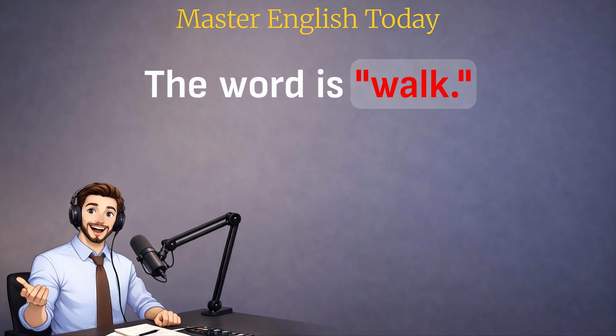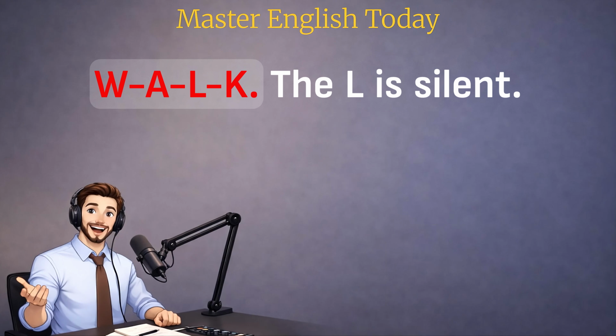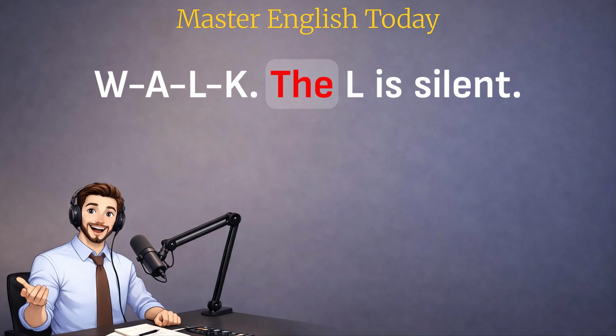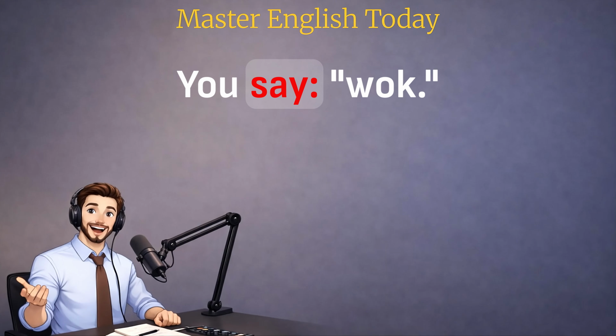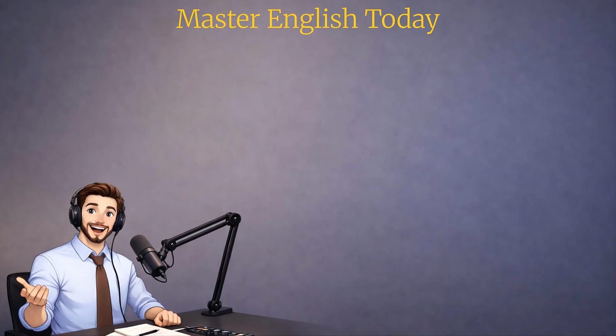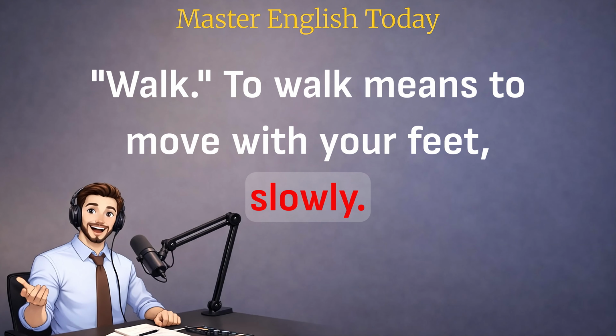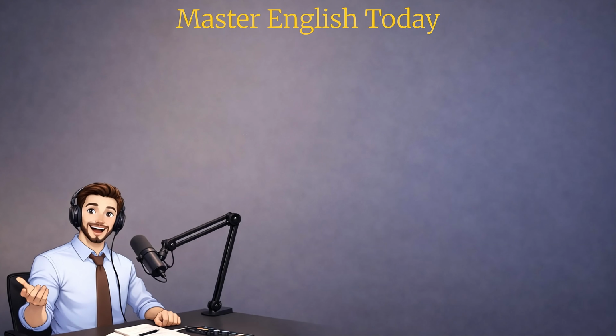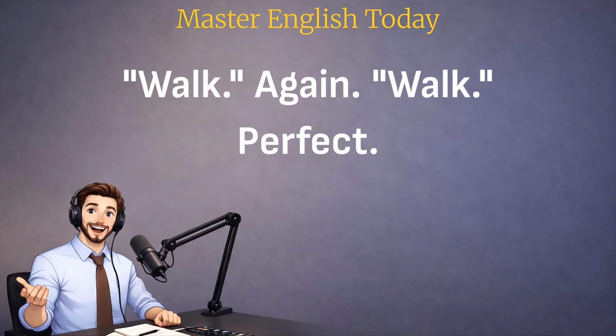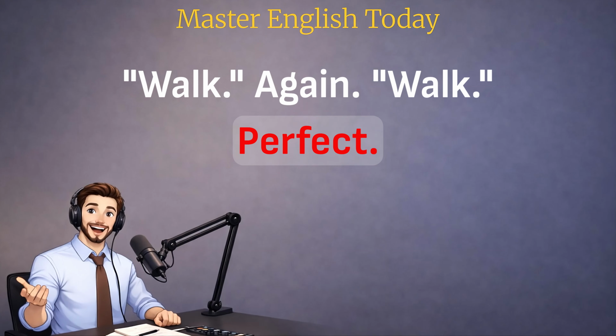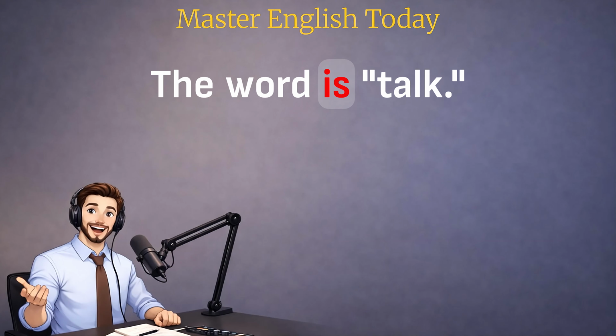The word is walk. W-A-L-K. The L is silent. You say walk. To walk means to move with your feet, slowly. Now you say it. Walk. Again. Walk. Perfect. The word is talk.